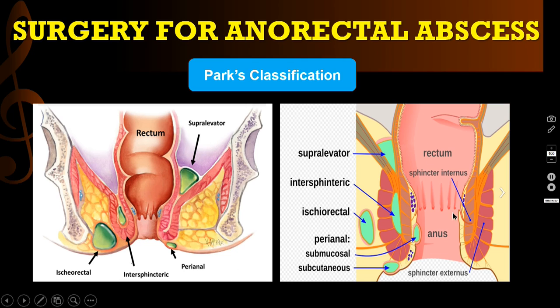The same thing you are seeing here also. This is the intersphincteric abscess, this is the subcutaneous perianal abscess, and this is the ischiorectal abscess. This is the supralevator abscess, and apart from these there is also a submucosal abscess.